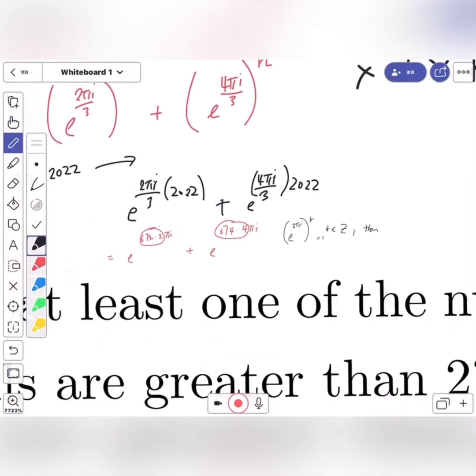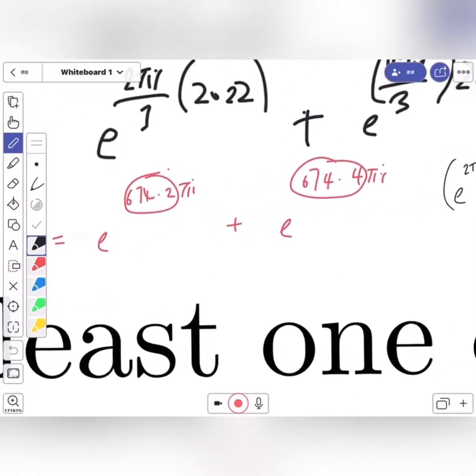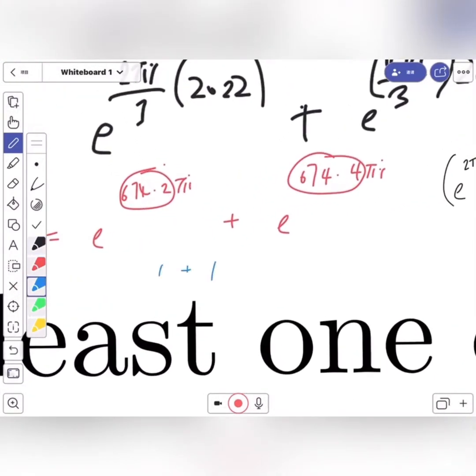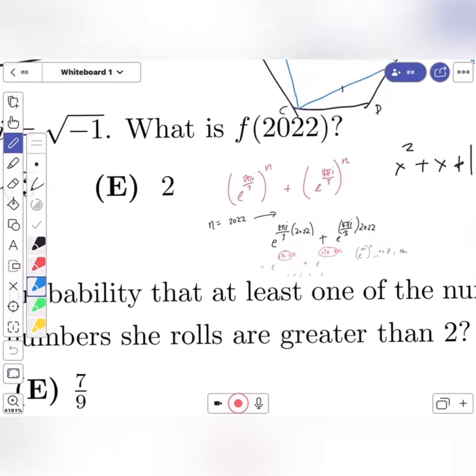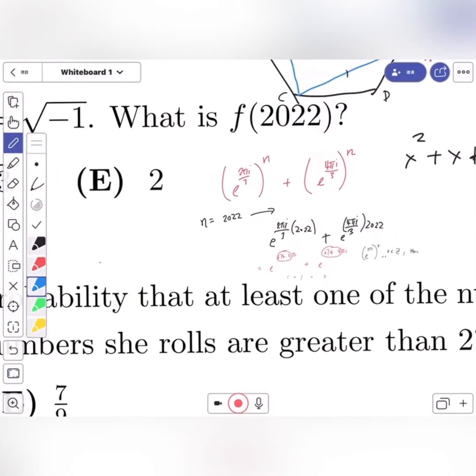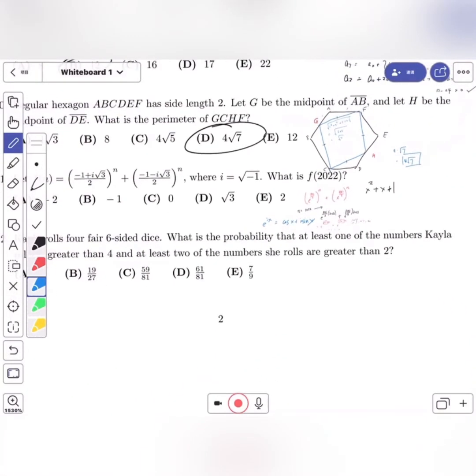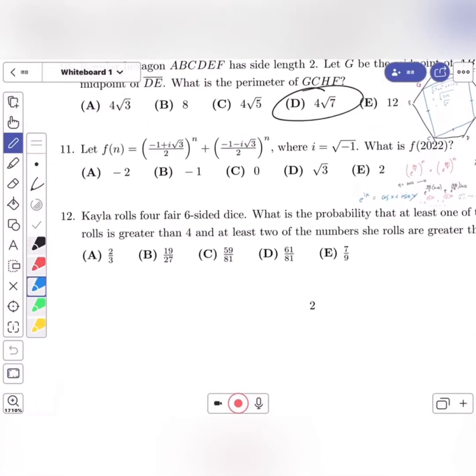So from here we know that both of these are just 1, and 1 plus 1 is equal to 2. And by the way, for a proof of Euler's formula that e to the ix is equal to cosine of x plus i sine of x, just visit one of my earlier videos which describes the Taylor series. Now let's go into number 12.